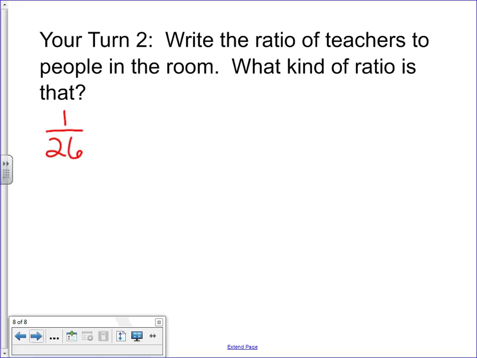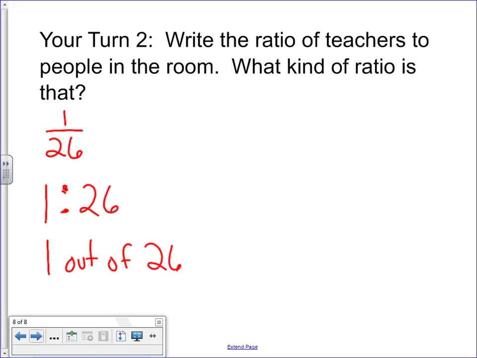Therefore, your number should be 1 over how many people in the room, including the teacher. Written as a fraction or with a colon, it should be 1 to 26, or you might have written down, maybe there's 22 people in the room at the time, whatever. And then lastly, there's one teacher out of the 26 people in the room.